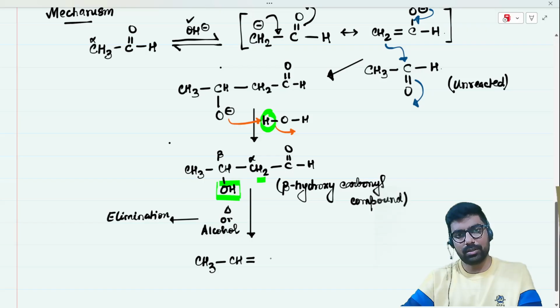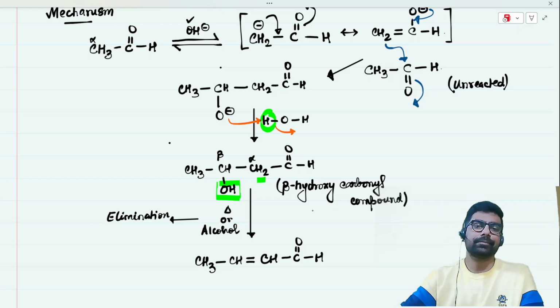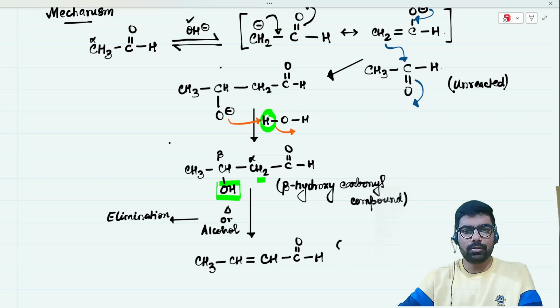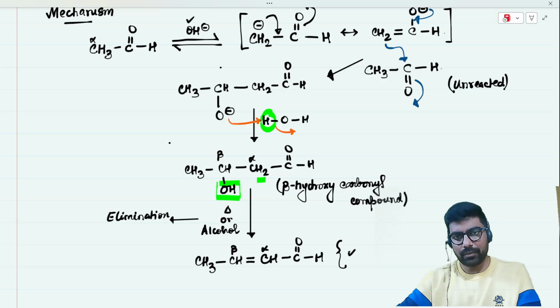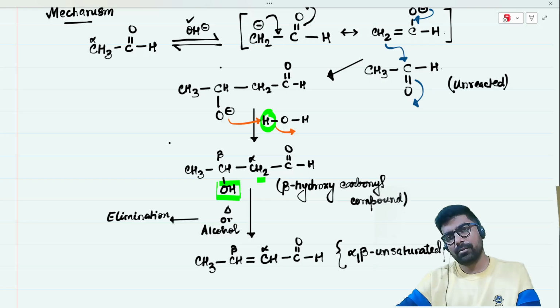A double bond is formed, CH, C double bond O, H. Now see, this is my main functional group, this is my alpha carbon, this is my beta carbon. So what we have is an alpha beta unsaturated carbonyl compound.